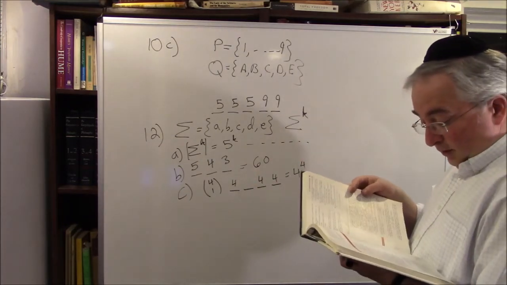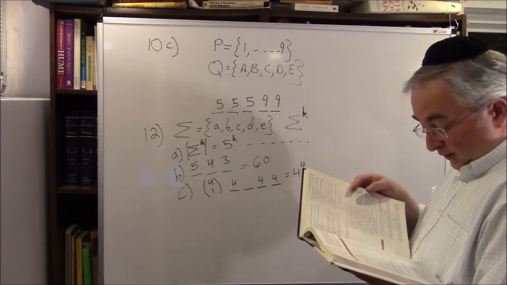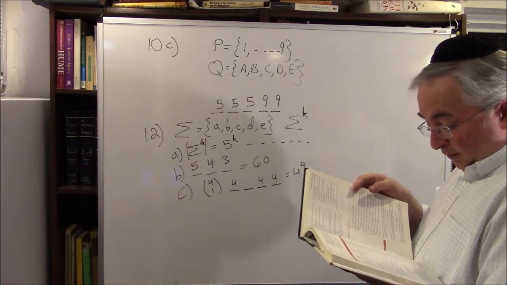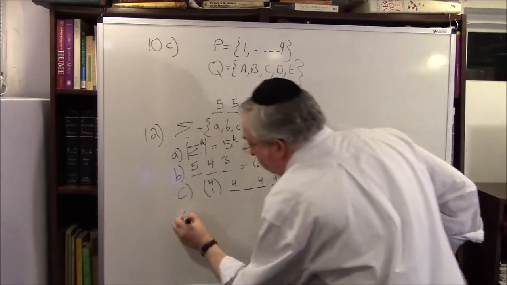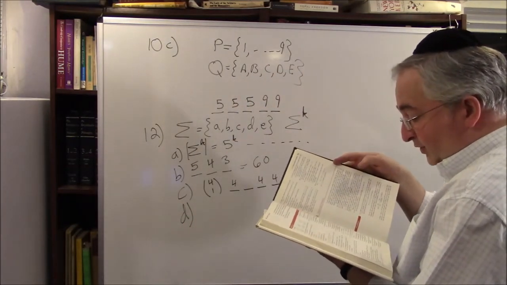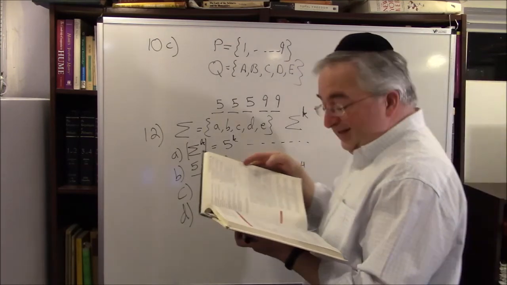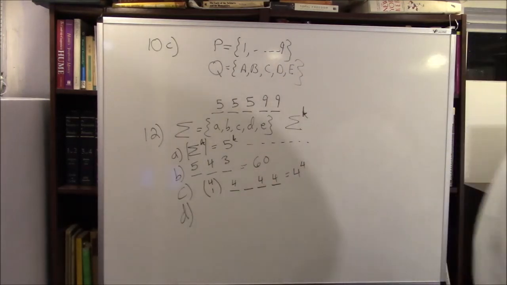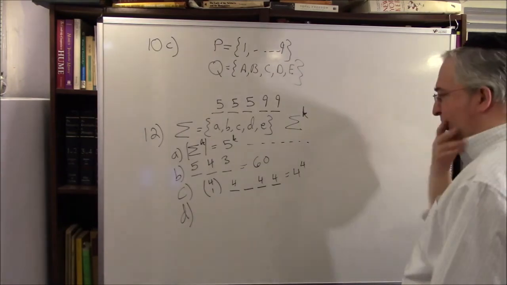Number D. The letter C occurs in W at least once. Okay, so let's see how we do that.